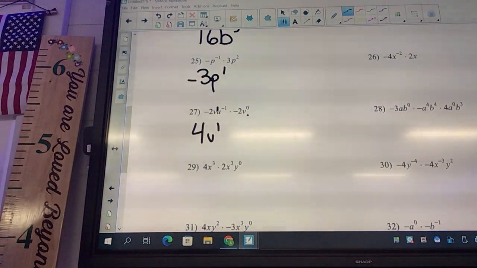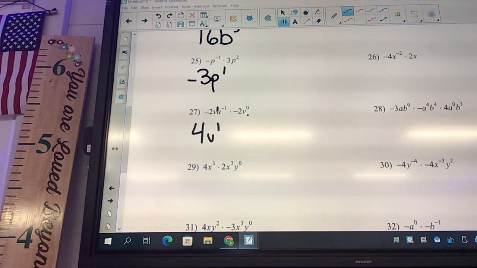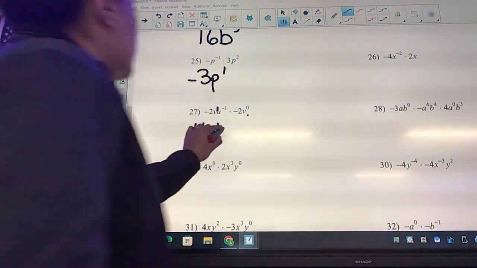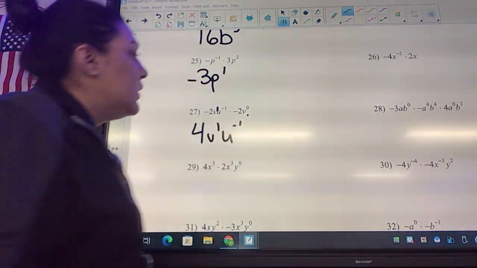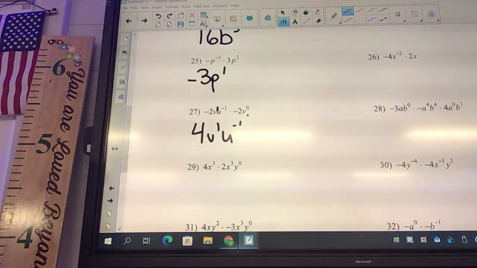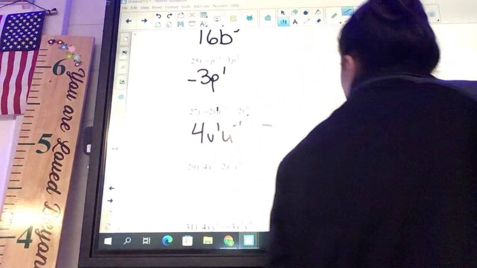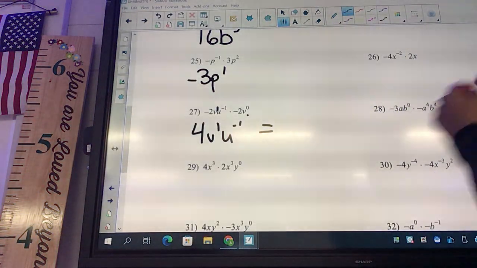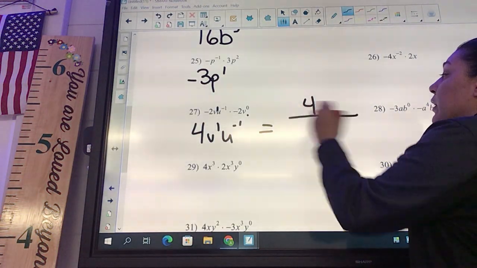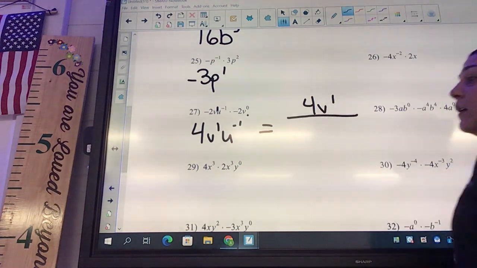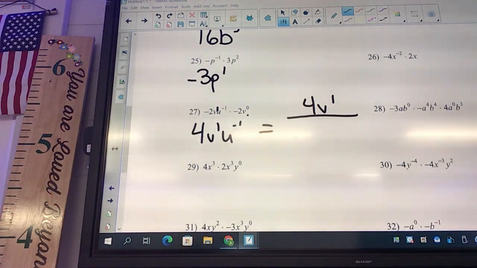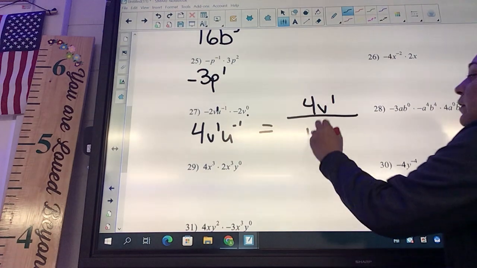Okay, and then my u's. How many u's do I have? -1. U to the -1. Do we need to convert? Yeah, we got a negative exponent. Okay, so where does the 4 go? On top. V to the 1. Top. U to the -1. Bottom, and it becomes positive.